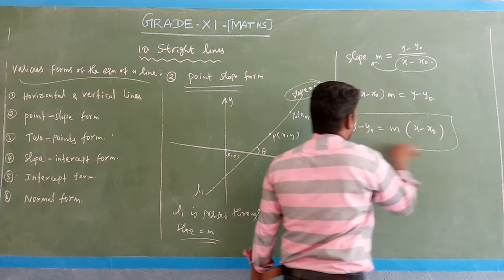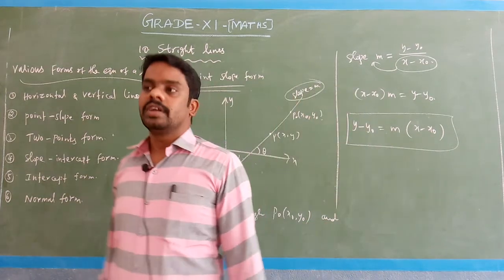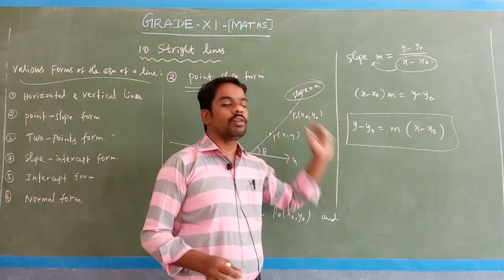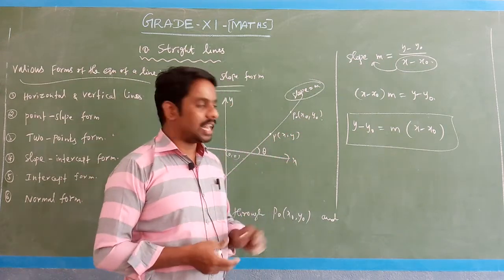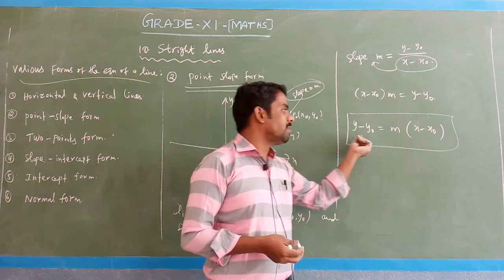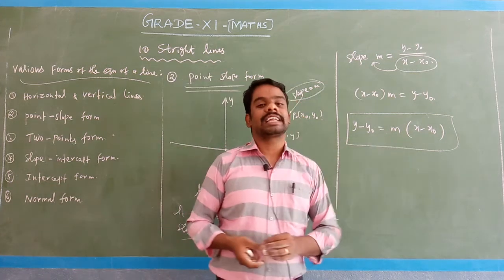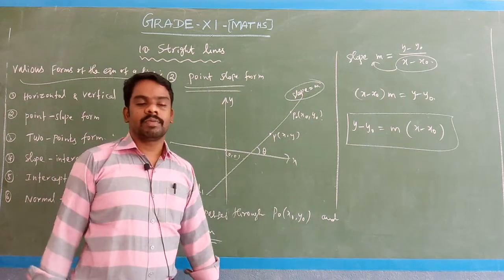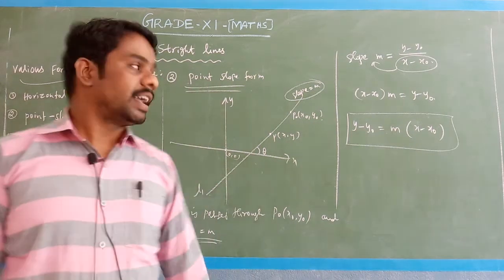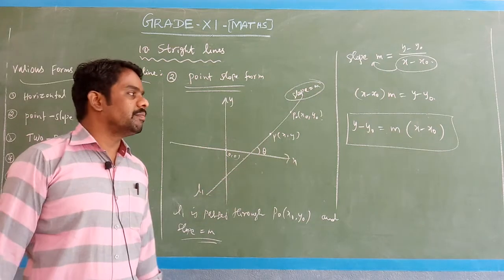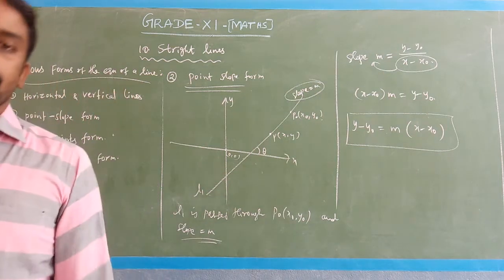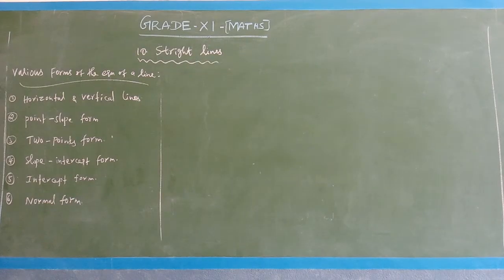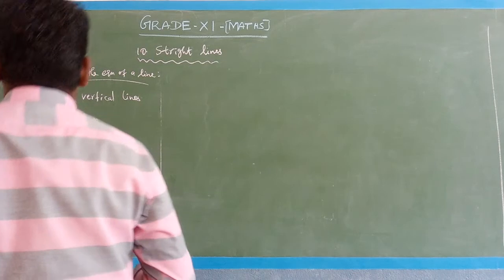The line passes through the fixed point x0 comma y0 and the slope is m. This is the point slope form: y minus y0 is equal to m into x minus x0. This is the second form. Next, the third one, the two-point form.